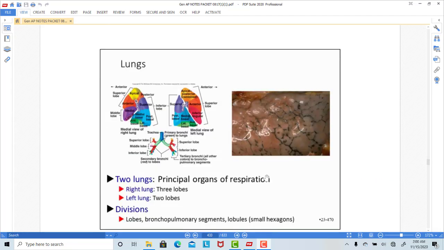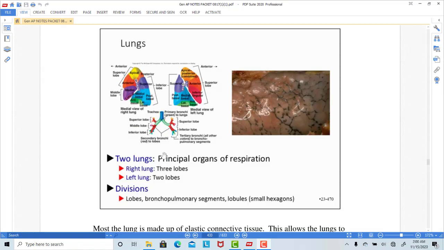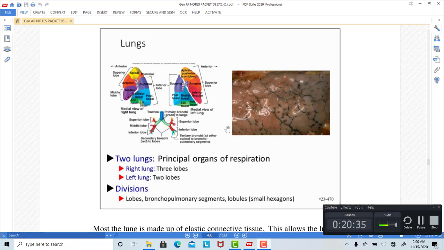When we look at the lungs, the left and right lungs are a little bit different. The right lung has 3 lobes, and the bronchus that serves the right lung is a little bit more vertical and a little bit wider. So when choking occurs, it is more likely to occur in the right lung compared to the left lung.